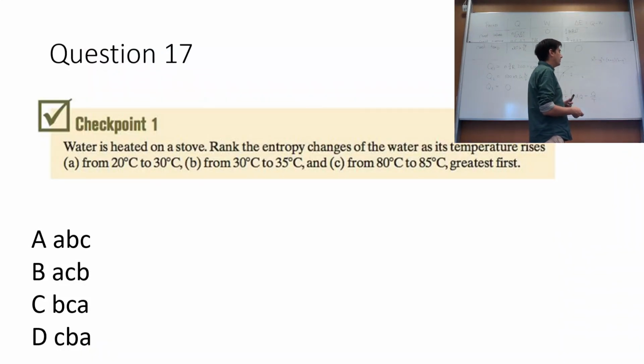So, given that, let's look at this. Water is heated on a stove. Rank the entropy change of the water as its temperature rises from 20 to 30 degrees, 30 to 35, or 80 to 85.